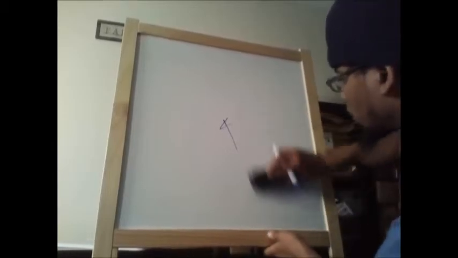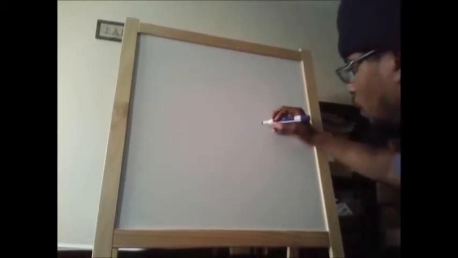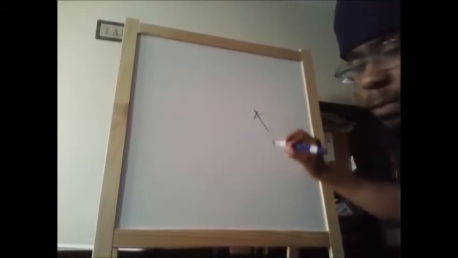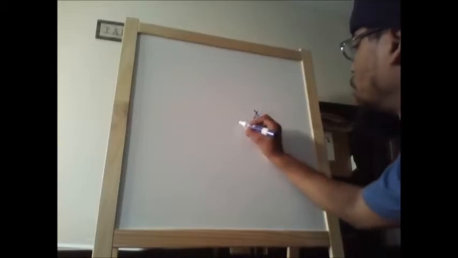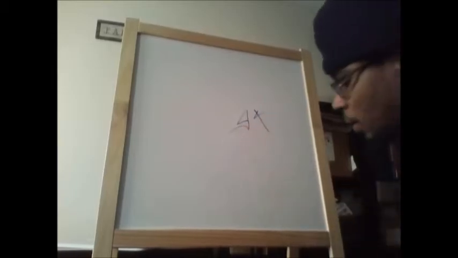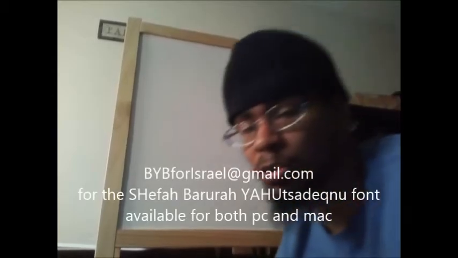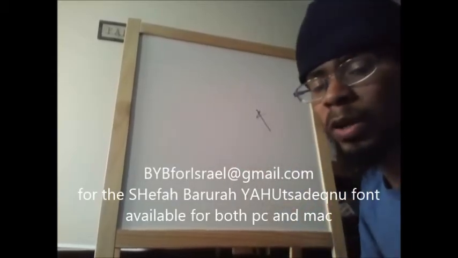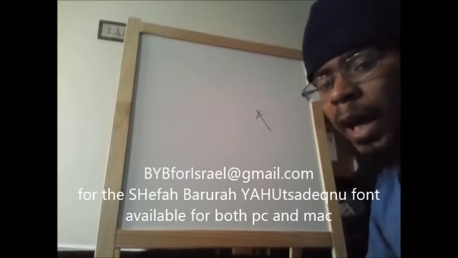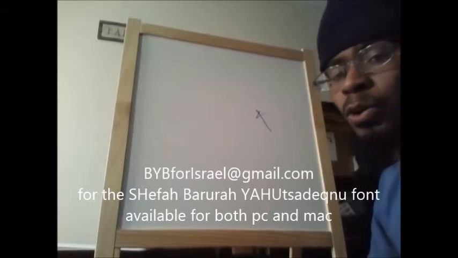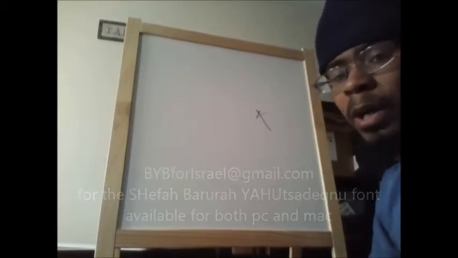And this is how the script looks. I'm going to write it out for y'all. It goes Aleph, Bait, but in the script, because I've also put the script into a font. So if you want this font, contact me and I can email you the Paleo Hebrew font. It's already copyrighted, already done.